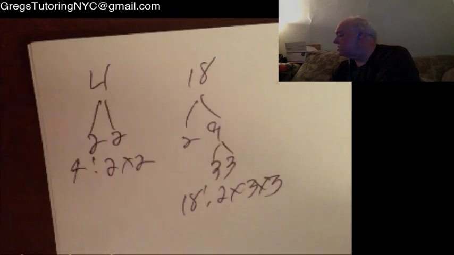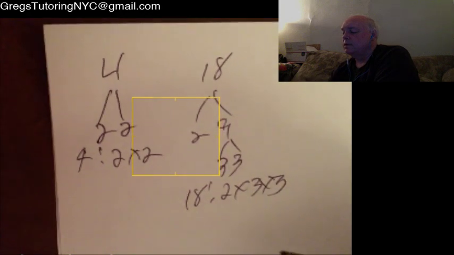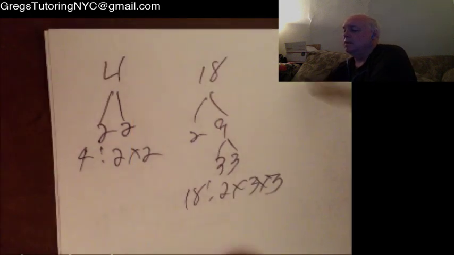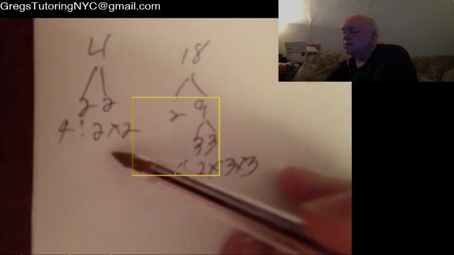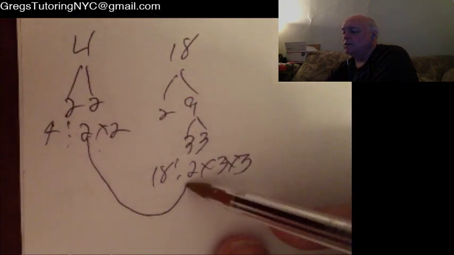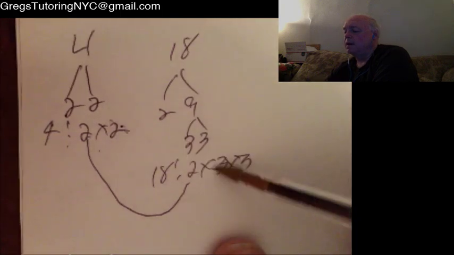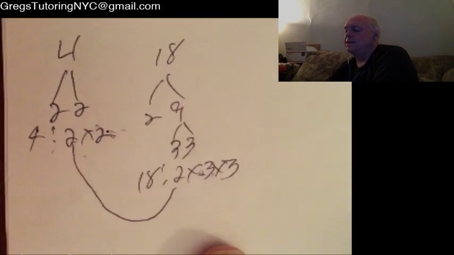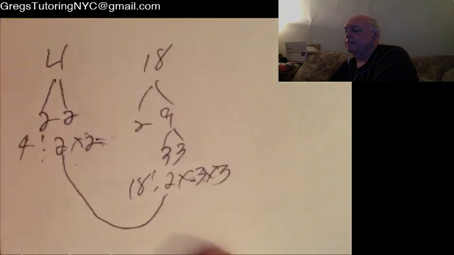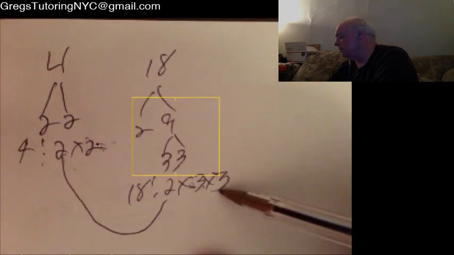To get the GCF, what we're going to do is circle the common factors. I'm not going to circle them because I'm going to put another number next to this in a second, so I'm just going to connect them. There's a 2 here and a 2 there. This other 2 has no corresponding 2, so we're done.